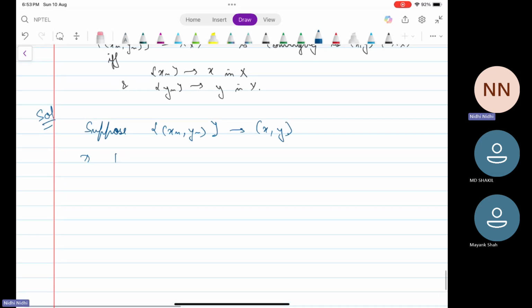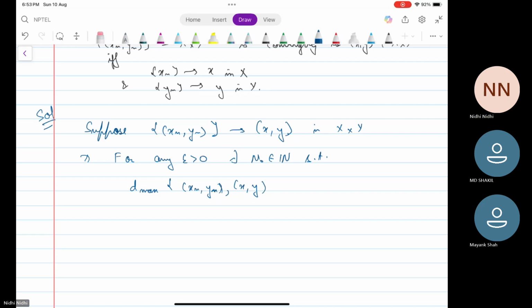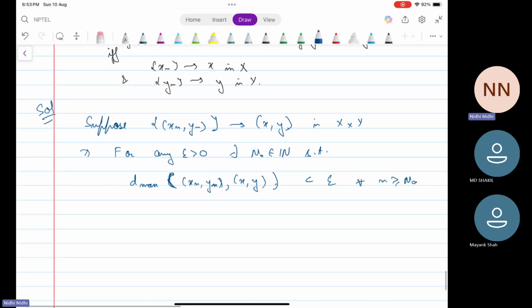This implies for any epsilon positive, there exists a stage n naught such that d max of (x_n, y_n) and (x, y) is strictly less than epsilon for all n greater than or equal to n naught.